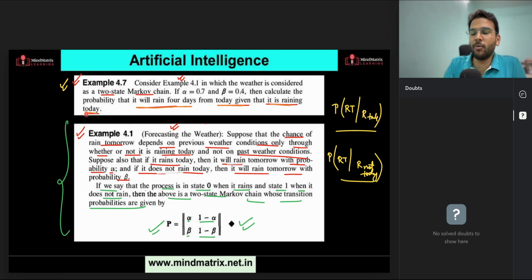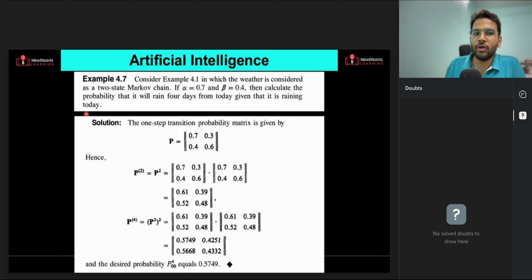Can we use the same concept of the probability matrix? Yes, we can fill the values. Can we do the matrix multiplication of the same matrix 4 times? So this is my P, and we have to calculate P to the power 4.